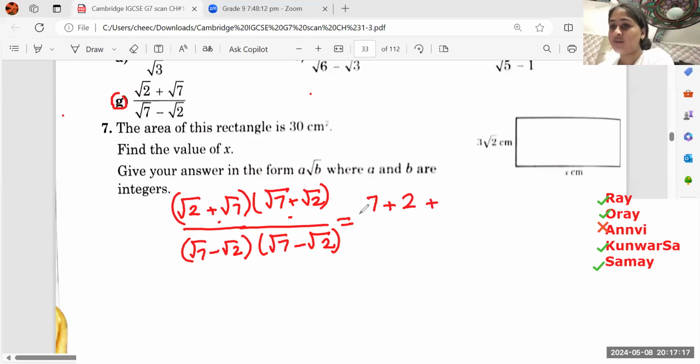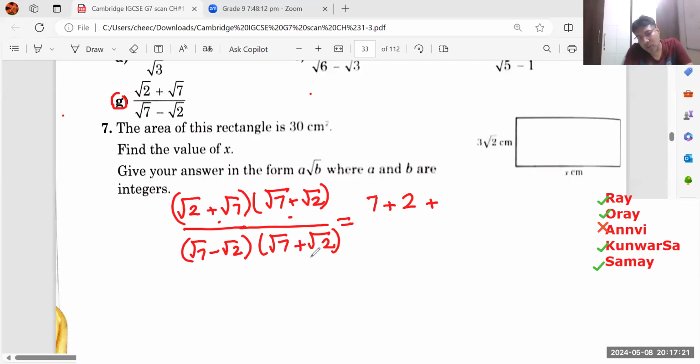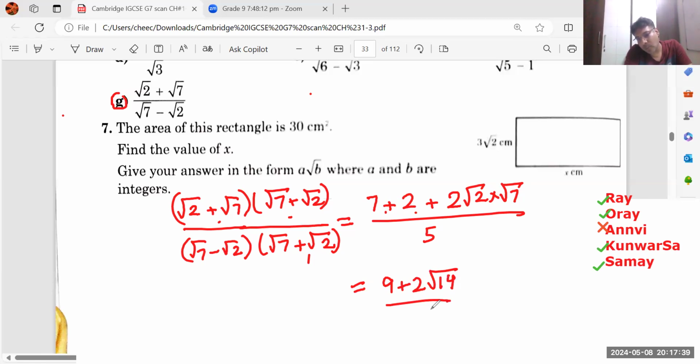No, this plus only. We'll multiply with plus only. So a square plus b square plus 2ab, root 2 times root 7. So upon 7 minus 2 will be 5. So this will be 9 plus 2 root 14 upon 5. All right, Anvi.